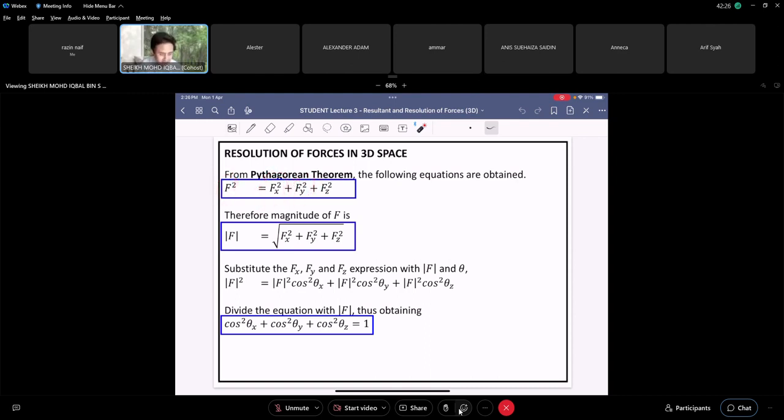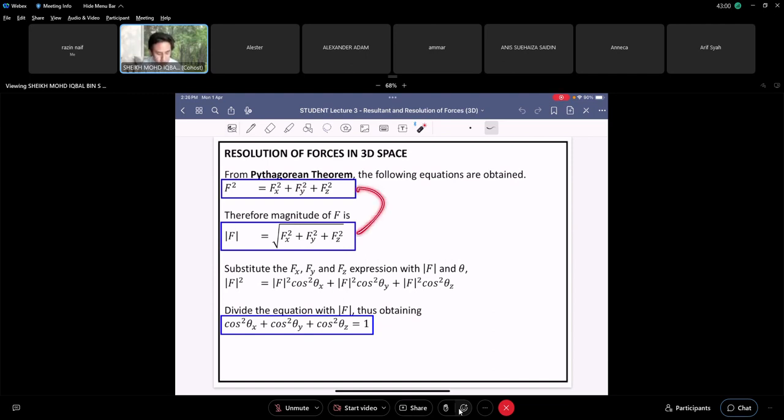The theory is just whatever resultant force is equal to the individual force in the X direction plus the individual force in the Y plus the individual force in the Z direction. Okay, so this is your resultant force. This is what you have resolved into the X, Y, and Z direction. So this one has to be equal to this one because it's just resolving the same forces but into X, Y, and Z. All right.